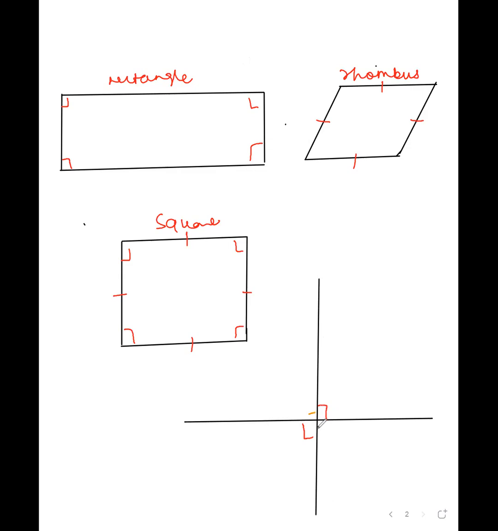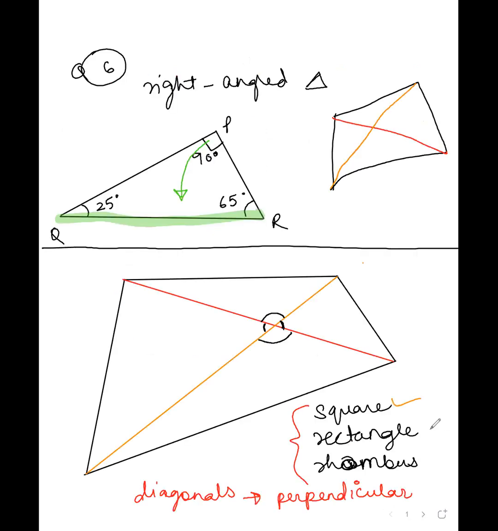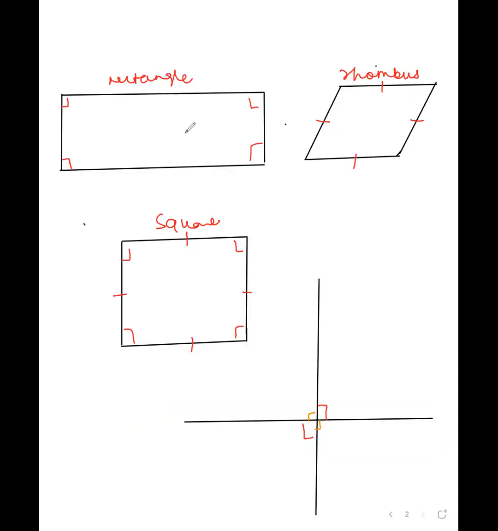So the thing about these three shapes is that their diagonals are perpendicular. See over here, these diagonals are not making 90 degrees with each other, are they? No. But in the case of these three, they will.